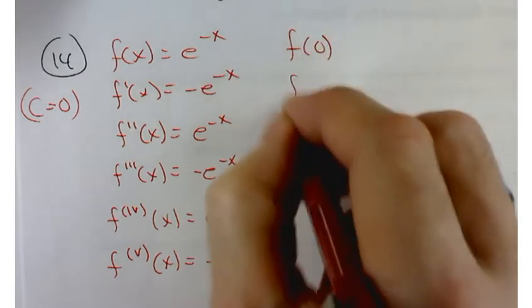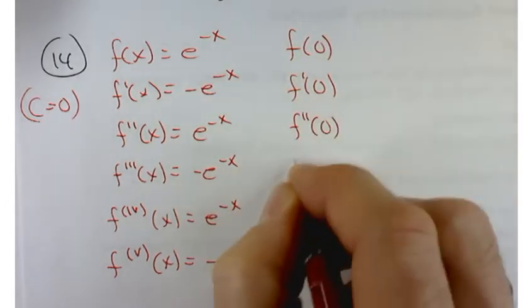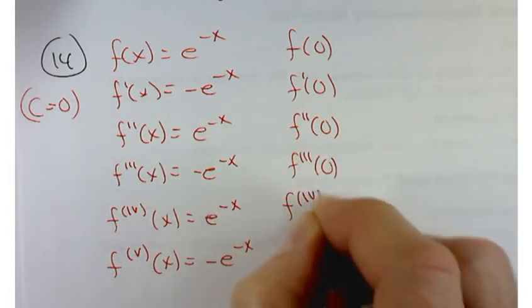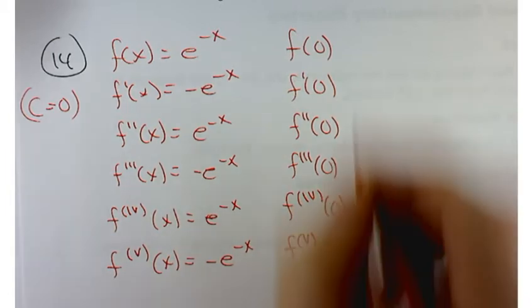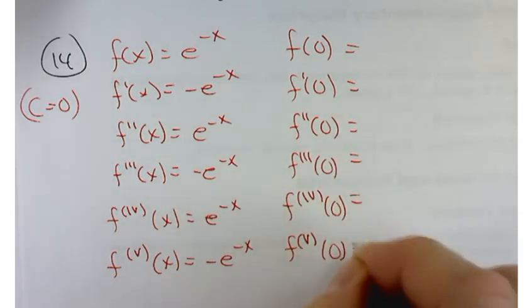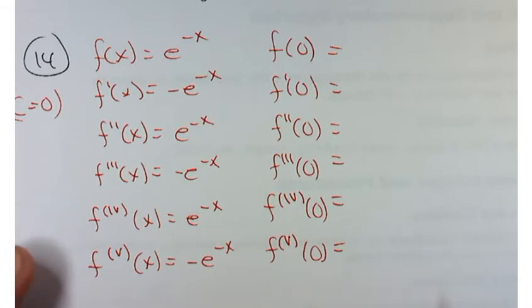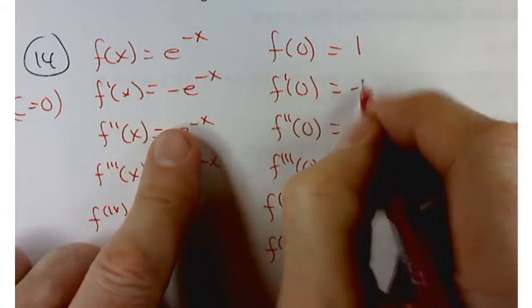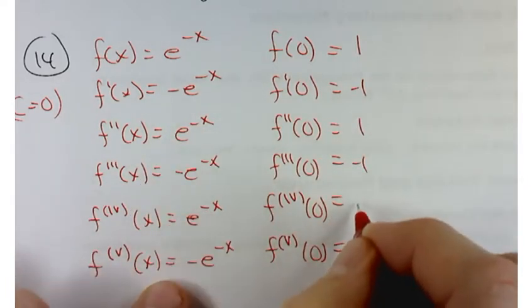F of 0, f prime of 0, f double prime of 0, and so on. e to the 0 is going to be 1, then negative 1, then 1, then negative 1, and so on.